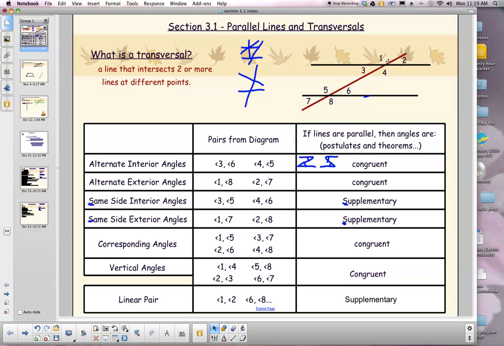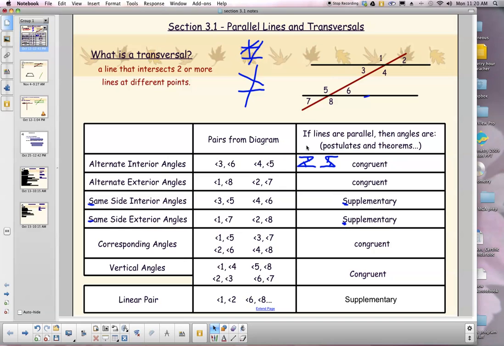So angle 2 and angle 6 would be corresponding angles, because if I picked up angle 2 and slid it down, it would land directly on angle 6. 4 and 8 are corresponding, 3 and 7 are corresponding, and 1 and 5 are corresponding angles. They are also congruent. That would make sense, because if I'm going to drop it down and it's going to land on the other one, they should be the same measure if their lines are parallel. Remember, this column only holds true if our lines are parallel.